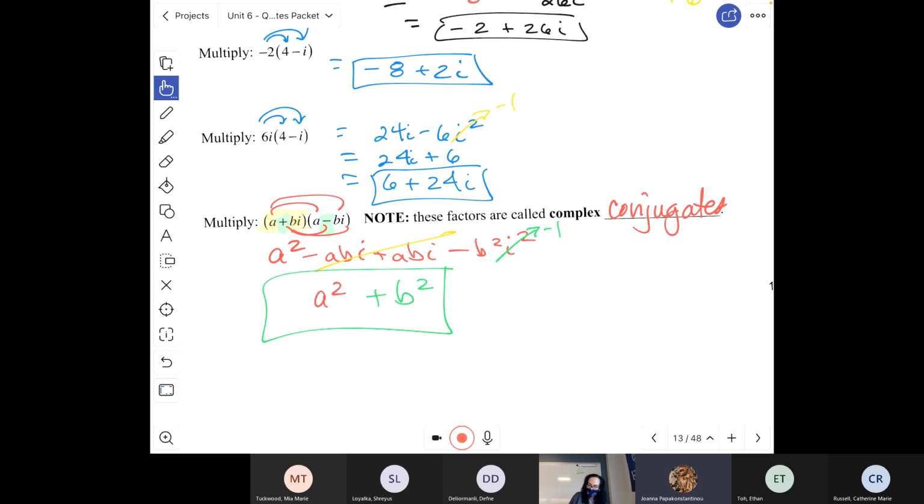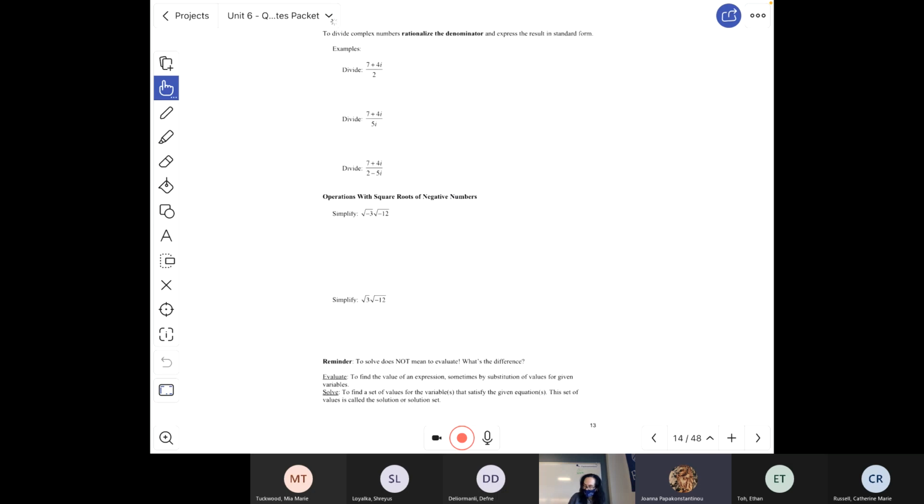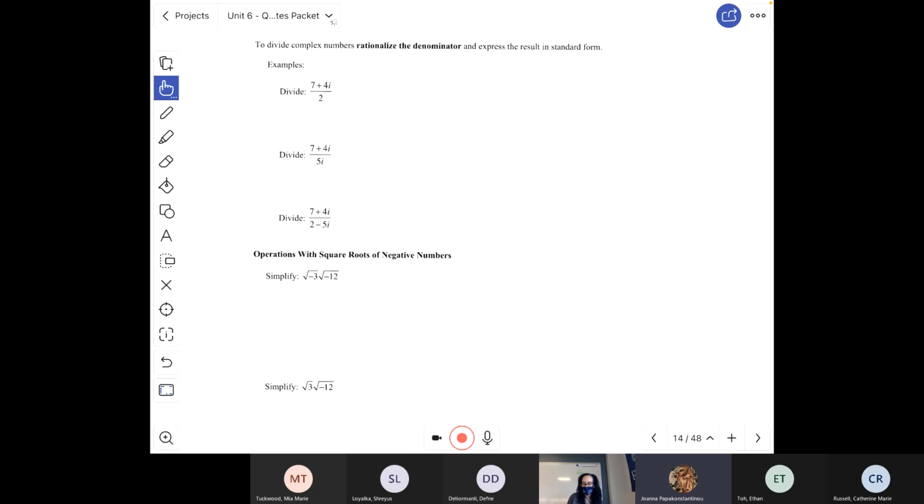All right, let's do some more operations. You are now being asked to divide using complex numbers. We do not ever leave i in the denominator, just like we didn't like to leave radical expressions in the denominator. We rationalize the denominator. What does it mean to rationalize the denominator when we're dealing with imaginary numbers?